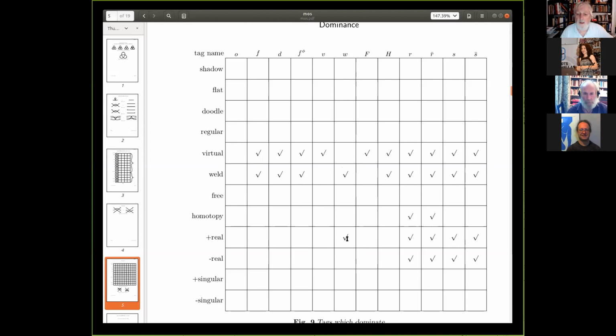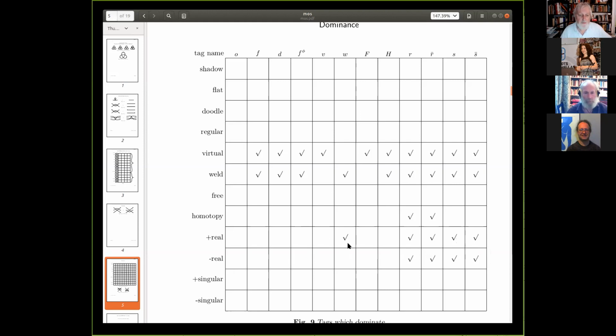And of course, reals dominate themselves, and they obviously dominate singulars and the two singular tags, as does the negative real. But the negative real does not dominate W, as we know. It's only one of them which dominates.